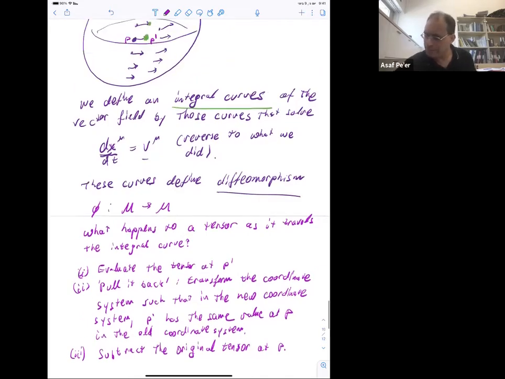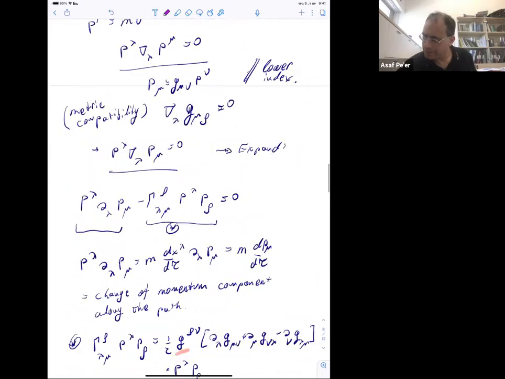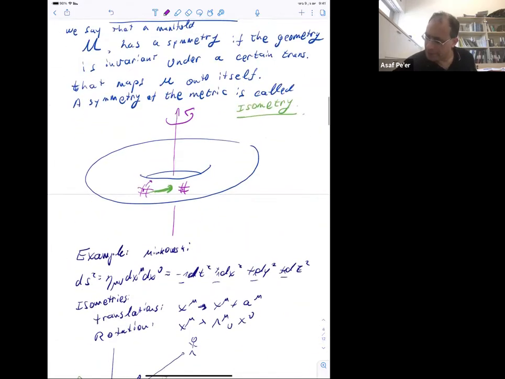Again, I'm going back to the example I gave here. I take the point here, I just move the tensor here, and I then rotate it back to the same point, and I see what happened to the tensor. Again, I took my tensor, which was defined here, I shift it here, and then I basically take all that, rotate it back to the same point, and then I see what happened to the tensor.